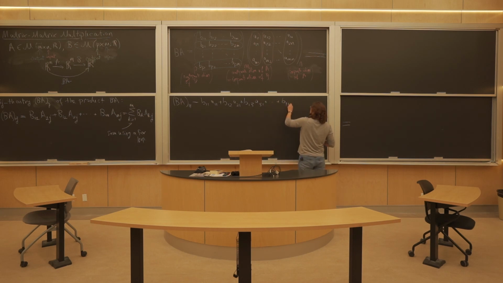Let me do another one. For instance, let's say I want to compute the next entry, the 1, 2 entry. Now, according to that formula, this is going to be this.